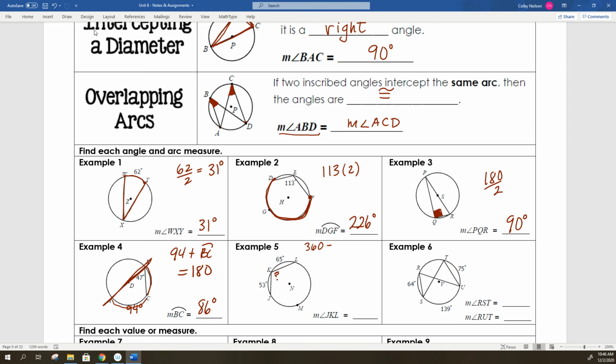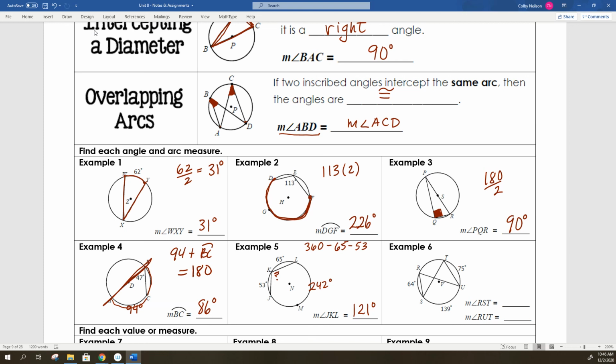So if you minus off the 65 and minus the 53, then what's left would be your arc of JML, right? So what's 360 minus 65 minus 53? 242? Okay, so then what's the angle? Half that, right? 121. Okay, these are the types of questions you're going to get where you have to manipulate around to find an angle or an arc in order to find an angle and an arc.